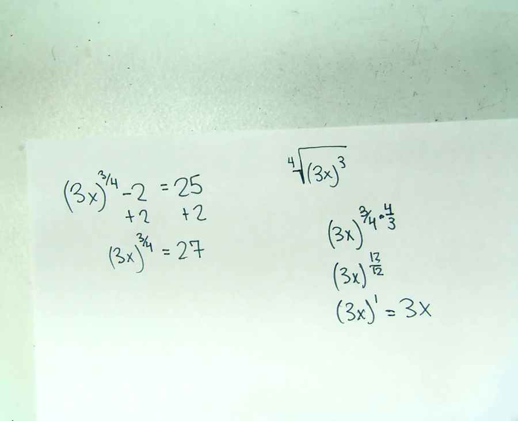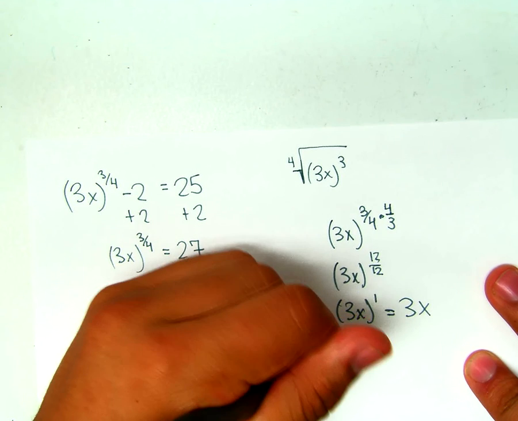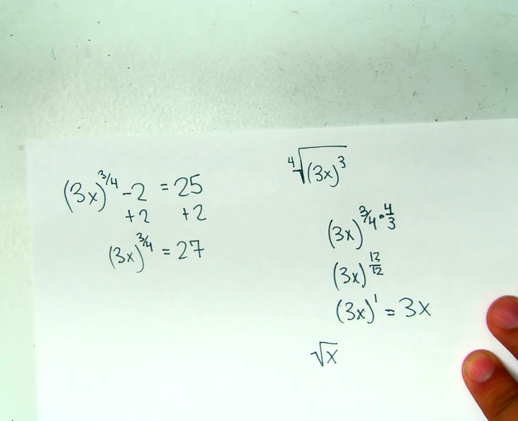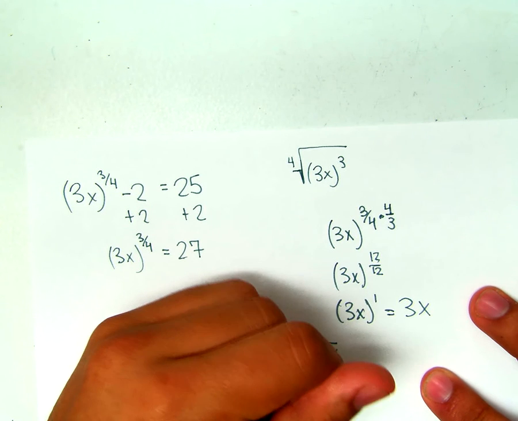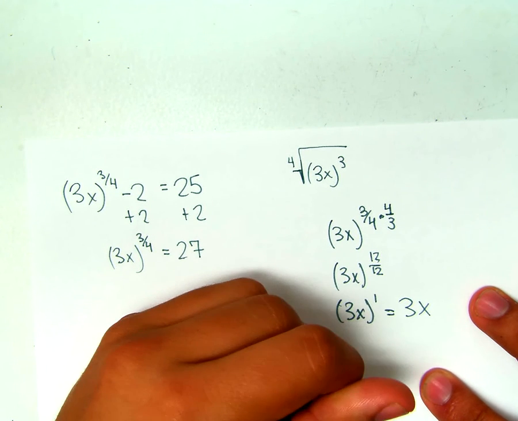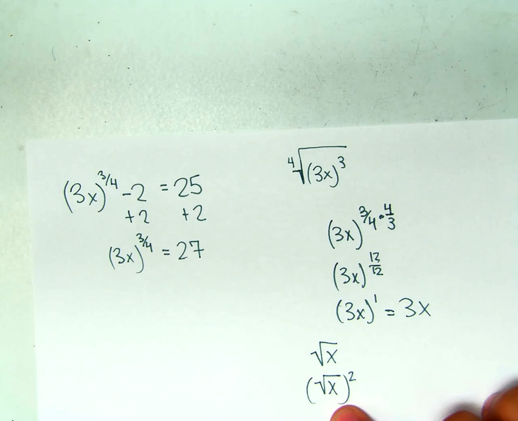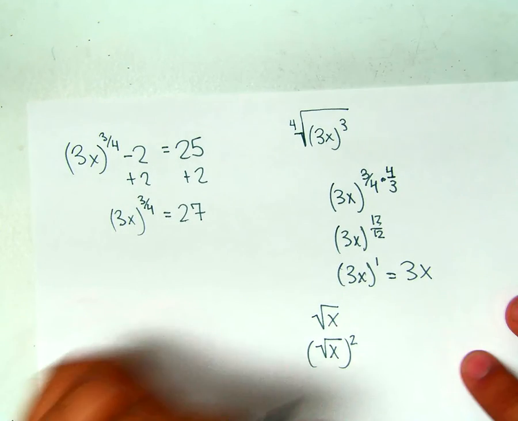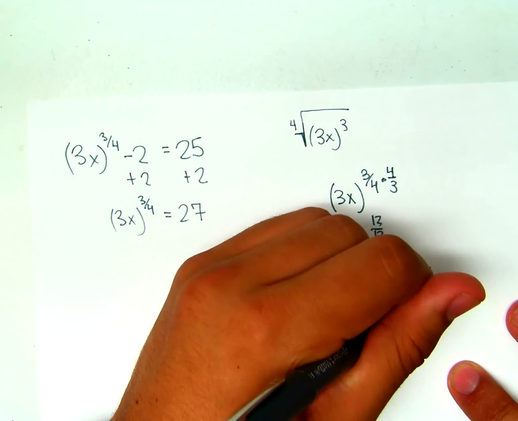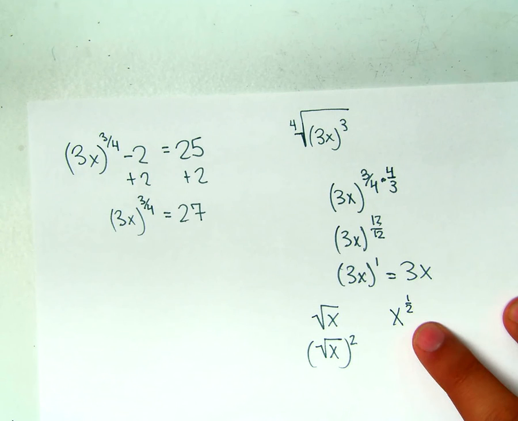Because when we had a square root, the square root of x, we would square this to undo the radical. Well, the square root of x is the same as x to the 1/2, right?